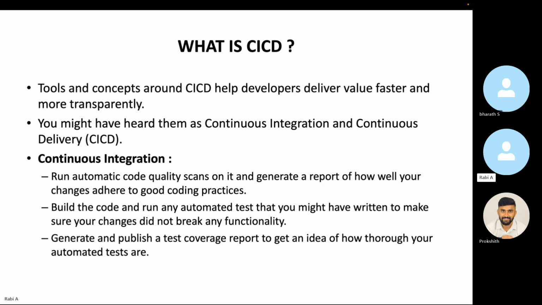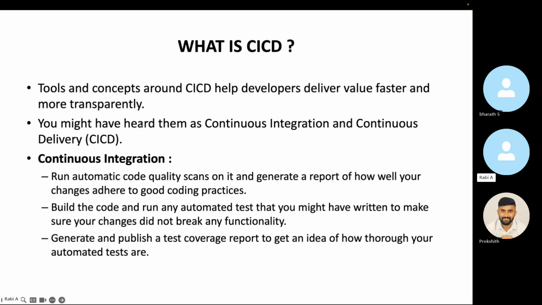So CI/CD is, okay, we are going to continuously develop, we're going to continuously deploy. So tools and concepts around CI/CD help developers deliver value faster and more transparently. And you might have heard them as continuous integration and continuous delivery.